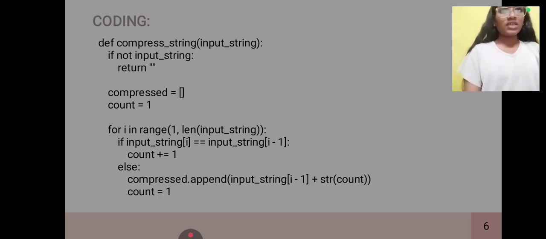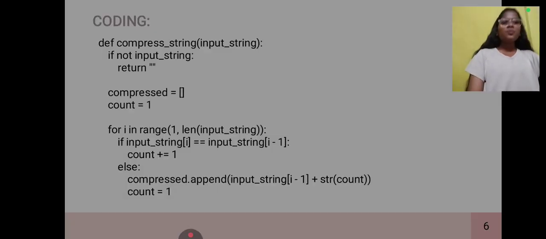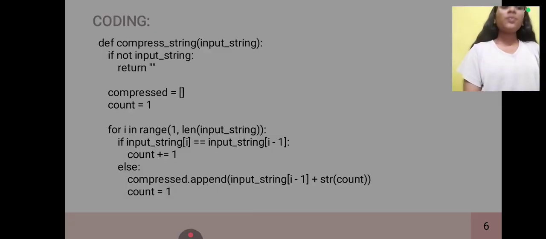For i in range(1, len(input_string)), if input_string[i] is equal to input_string[i-1], count is incremented. In the else statement, we append input_string[i-1] plus str(count) to compressed. We also add the string count in the else condition, and we give the count as 1 again.